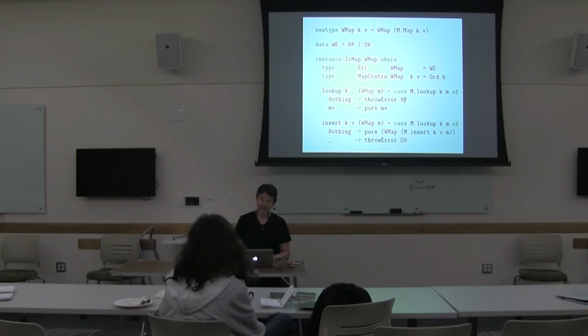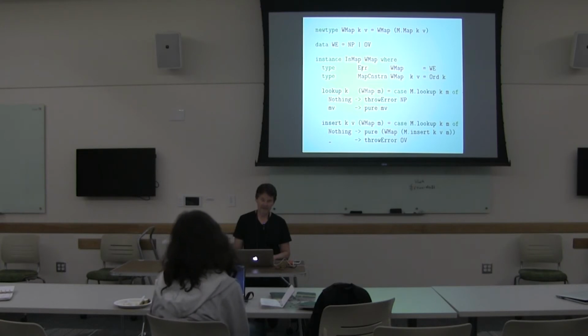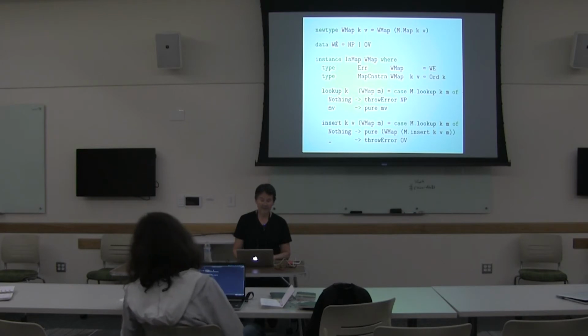But how can I throw an error? I have to tell the machinery what kind of errors I can throw. So that's where this comes in. It says the error type level function, given one of these WMaps, can potentially return these type of errors, which is WE, this data type.